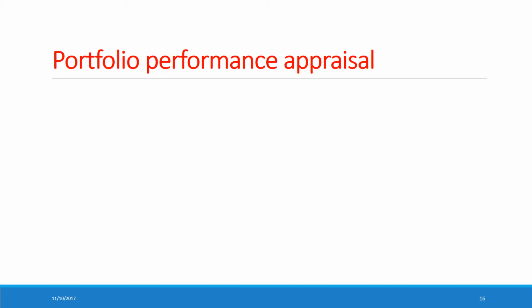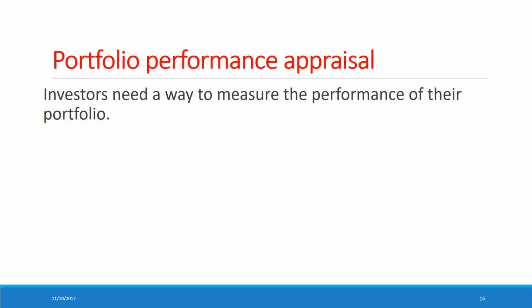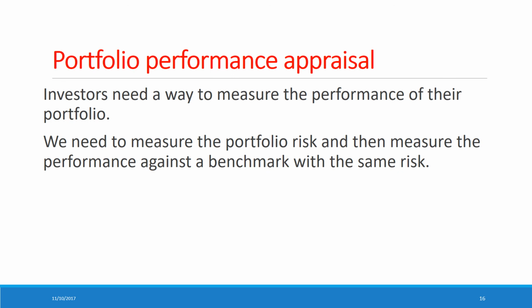We then talk about different ratios that investors use to evaluate portfolio performance. So to evaluate portfolio performance, we need to have a benchmark. We need to compare our portfolio returns with a benchmark, right?